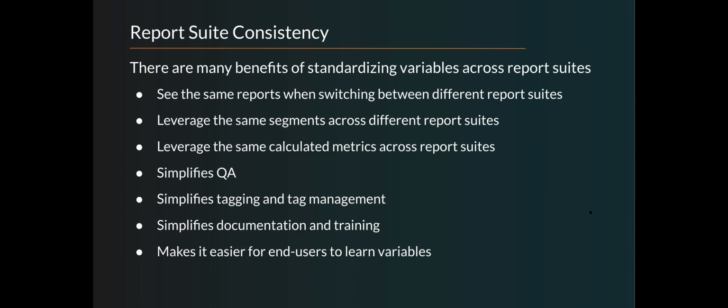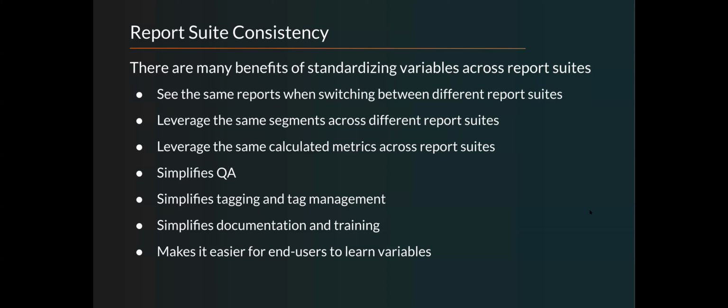One of the things that you see if you consistently name everything and have all the same settings is that when your end users are using Adobe Analytics, whether they're using the old interface or the new Analysis Workspace, they can easily switch reporting anytime they want by just switching the report suite. But what's really frustrating is if someone is in, let's say, eVar 10, and that's internal search term, and they're looking at it with success event 2, which is internal searches.